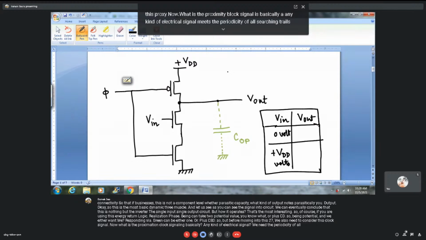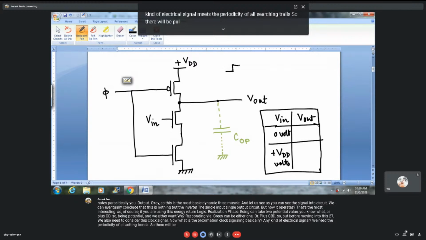So there will be pulses or square waves, a periodic square wave coming one after another. It has a frequency based on the inverse of the time period.